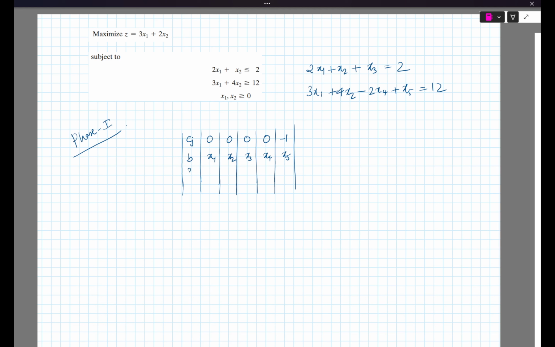So this is 2, 12, 2, 1, 1, 0, 0, 3, 4, 0, minus 2, 1. So xb is x3 and x5. xcb is x3 is 0, x5 is minus 1.